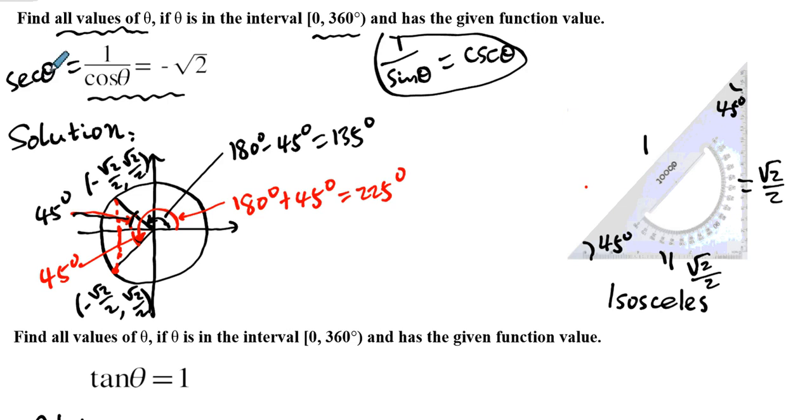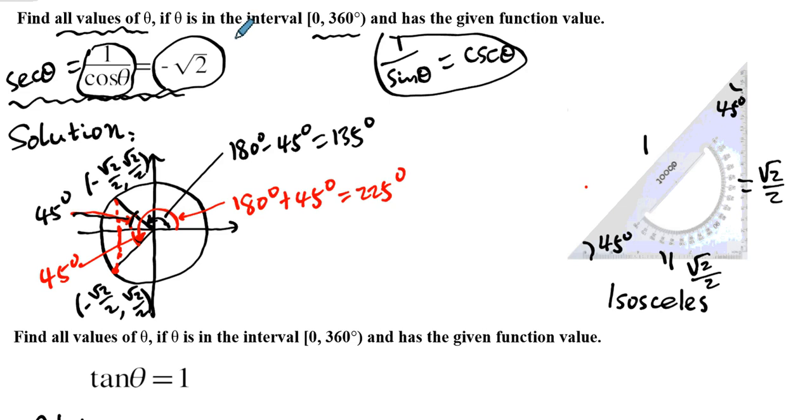The original question was secant theta equals negative radical 2. That's why I wrote it this way. 1 over cosine theta equals negative radical 2.